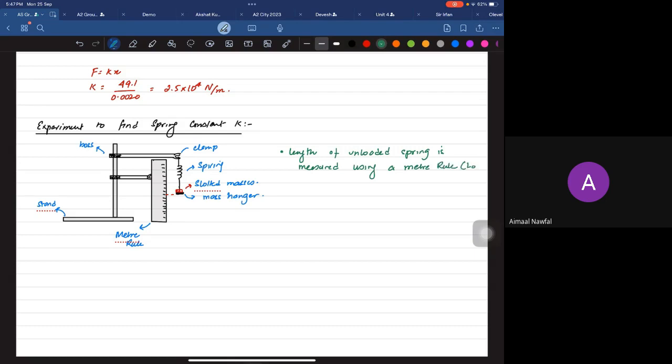Let's call this L0. Then slotted masses of various values are added to increment the load. All right, incrementing the load means that you add like 100 grams, then you add another 100, then another 100, like that, right?